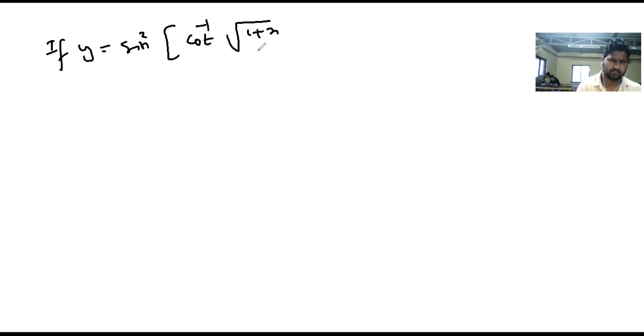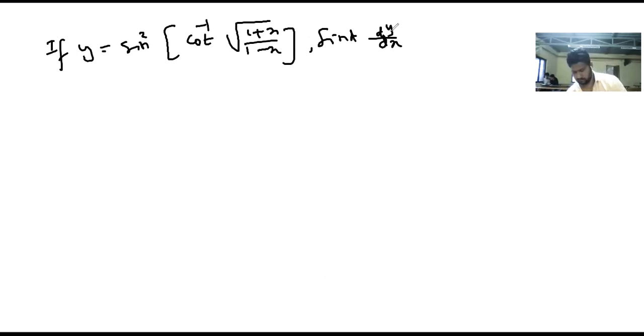Same again. If y is equal to sine square into bracket cot inverse of square root of 1 plus x by 1 minus x, then find dy by dx. Tell me the answer. y equals sine square cot inverse of root of 1 plus x by 1 minus x.